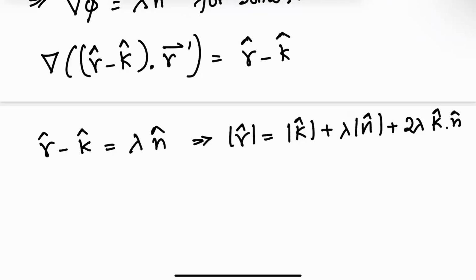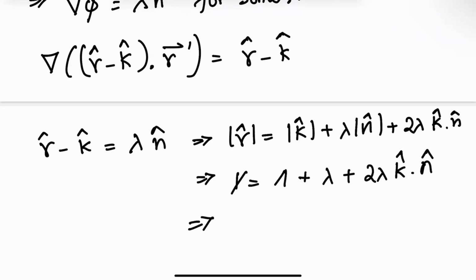So I'm equating the magnitudes on both sides once I take k hat to the other side. That means 1 equals 1, because that's the magnitude of r hat and k hat, plus lambda squared plus 2 lambda k hat dot n hat.